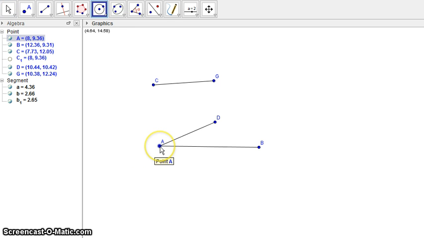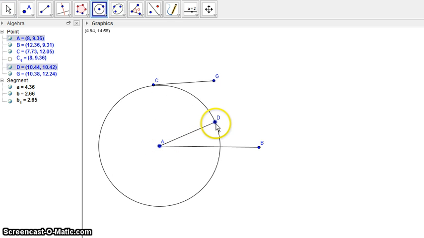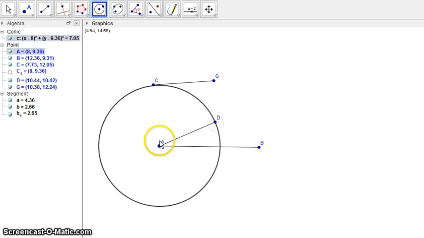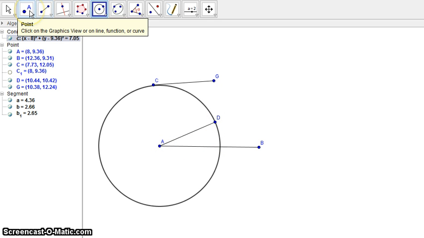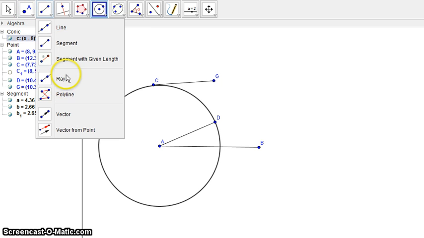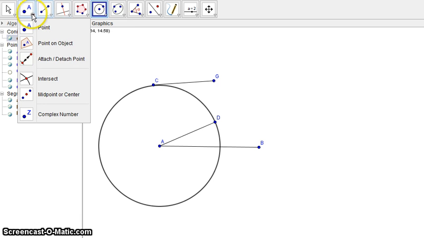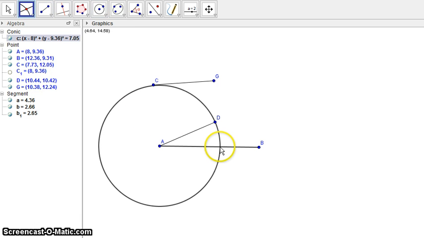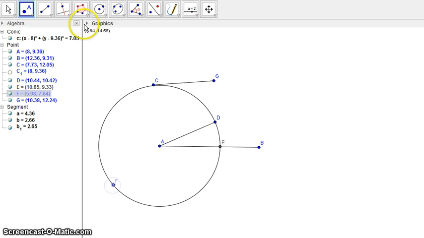So I'm going to use a compass to create a circle starting at A with radius AD, and I'm going to mark off the place where they intersect as point E. Since the circle is called DEF, point F has to be on here somewhere also.